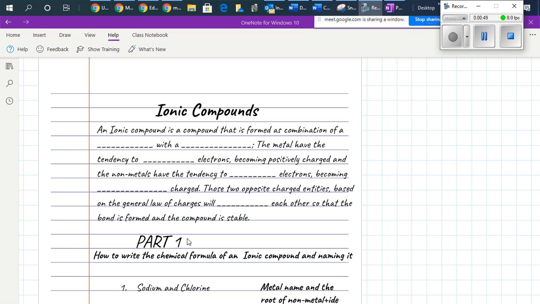So ionic compounds are formed as a combination of a metal with a non-metal element. Metals, as we said even when we were explaining ionization, have the tendency to lose electrons, and they become positively charged, while non-metals have the tendency to gain electrons, becoming in this way negatively charged.